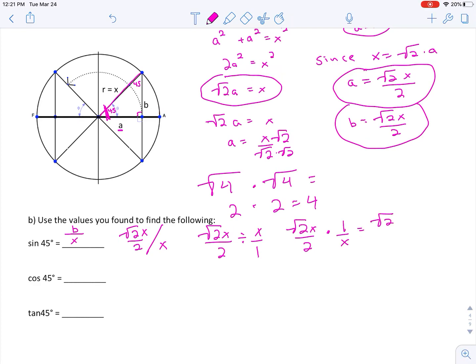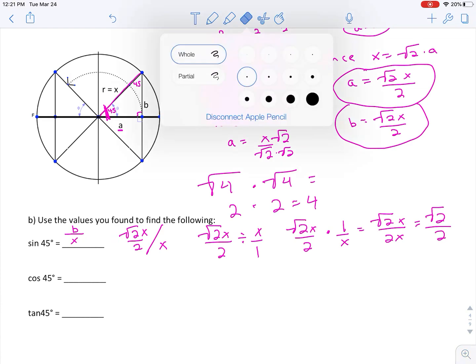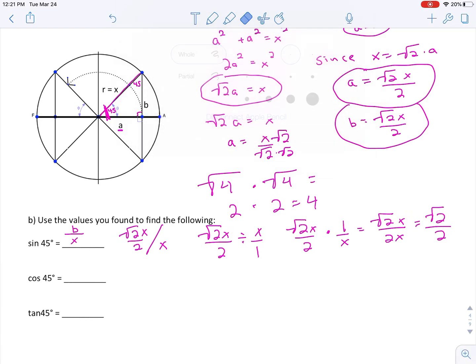Then I'm going to get the square root of 2x over 2x. And that's going to be equal to the square root of 2 over 2, because my x's will cancel out, because x divided by x goes away. So now I have the relationship of sine 45.